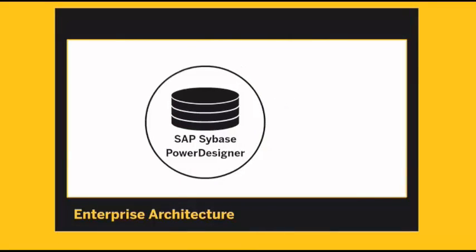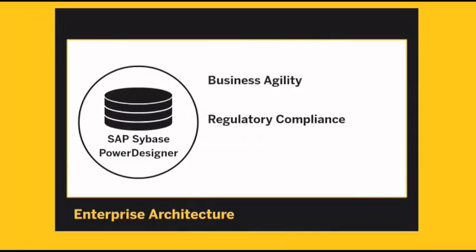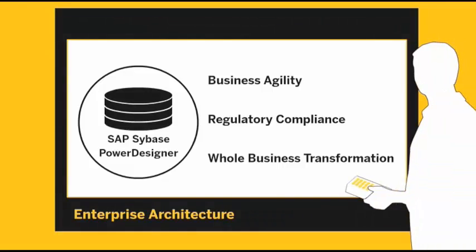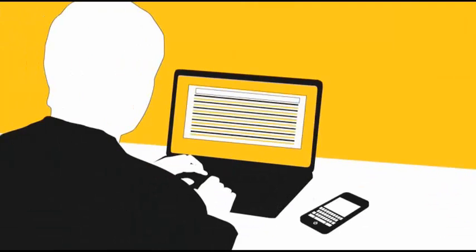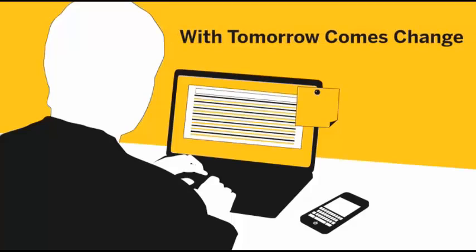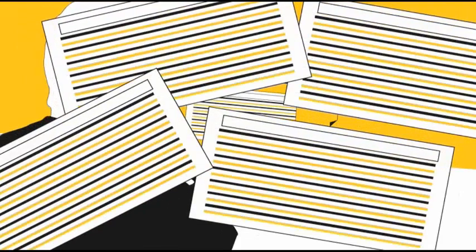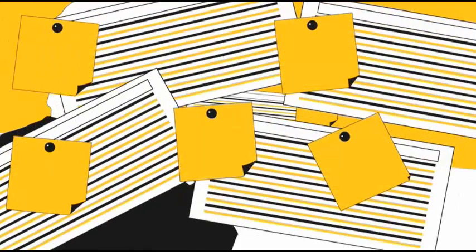Enterprise architecture assists with business agility, regulatory compliance, or whole business transformation. Now, you don't have to use any fancy tools to model enterprise architecture. You can use Microsoft Excel spreadsheets and sticky notes to capture your basic understanding. However, with tomorrow comes change, and with it, misplaced spreadsheets and lost sticky notes.